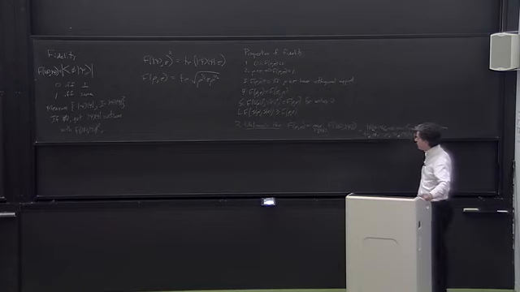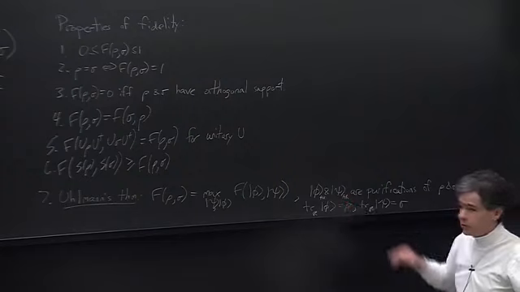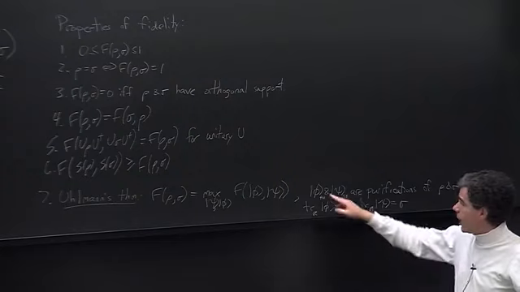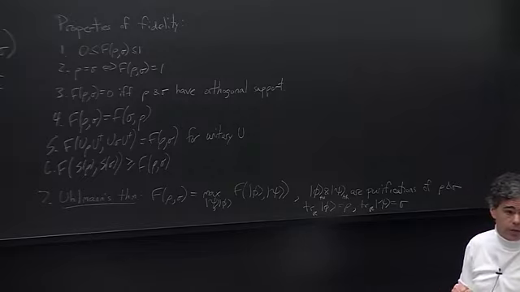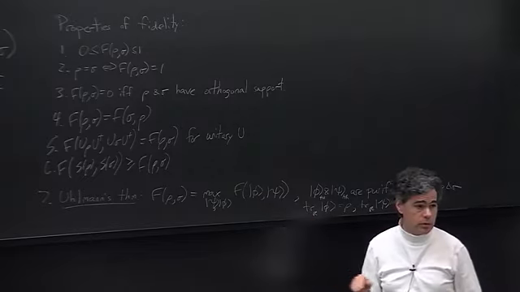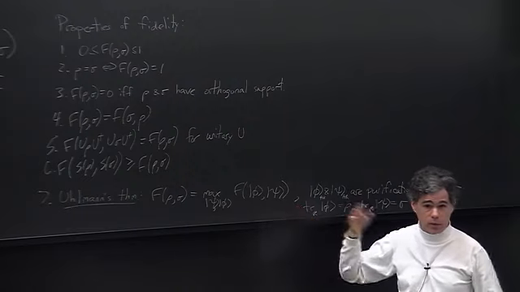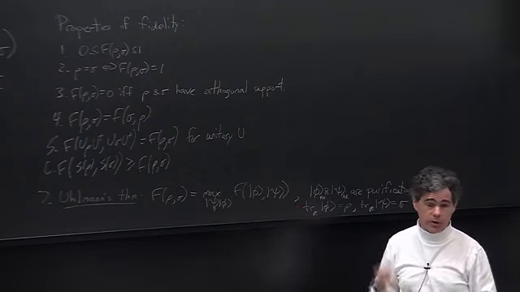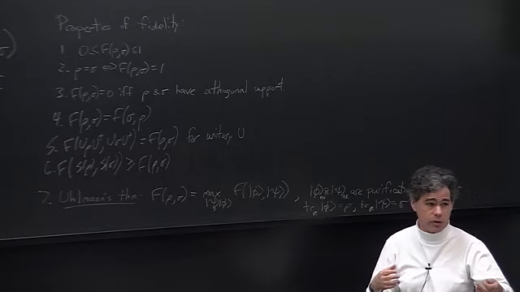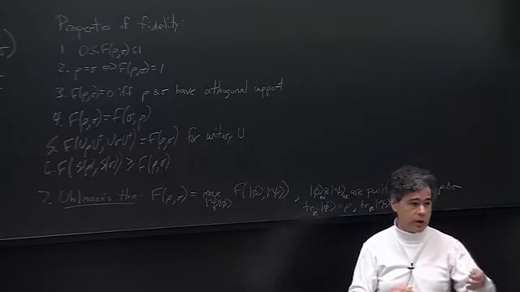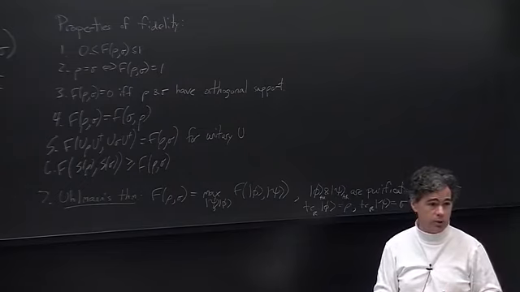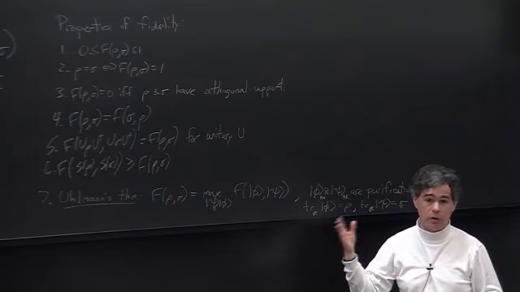Now, if you imagine some general purifications, phi and psi, and look at the fidelity between them, it might be less, because you haven't adjusted to be the best. And it's very easy to do that. For instance, for rho you can tensor product with the state 0, and for sigma you can tensor product with the state 1.